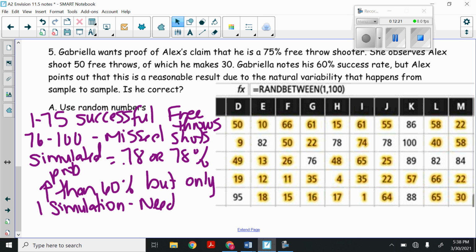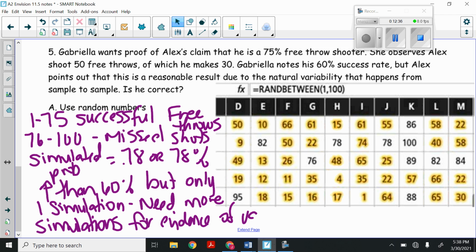We would need more simulations for evidence of variability. So we're still not sure if Alex is telling Gabriella the truth.